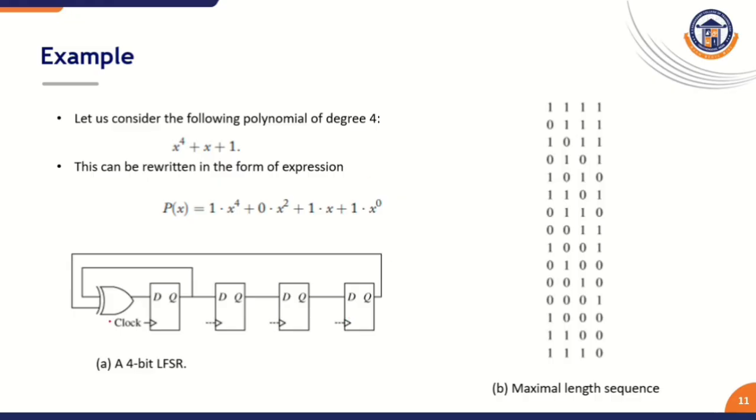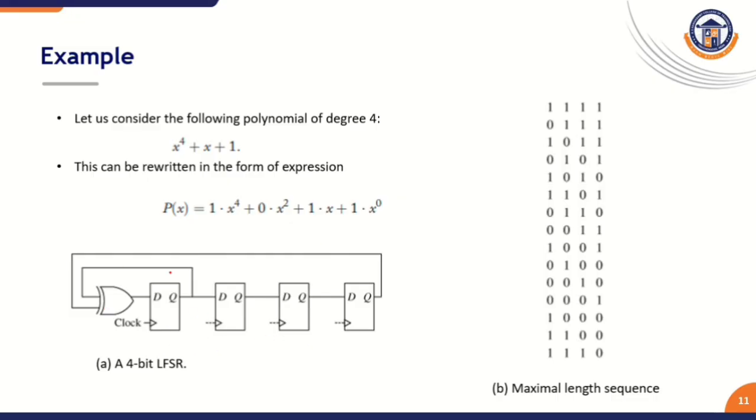From this, we build one XOR network. What are the inputs for this XOR network? From the polynomial expression, we can identify which positions are to be connected to the XOR input. Here x power 4 and x power 1, that is the 4th flip-flop output and the first flip-flop output, are connected to the XOR gate input.